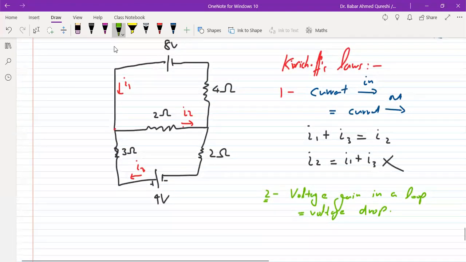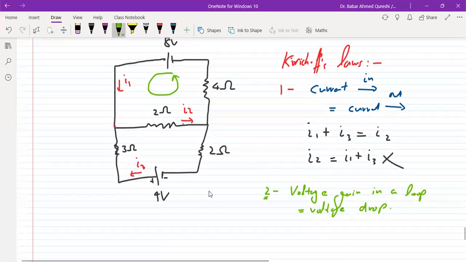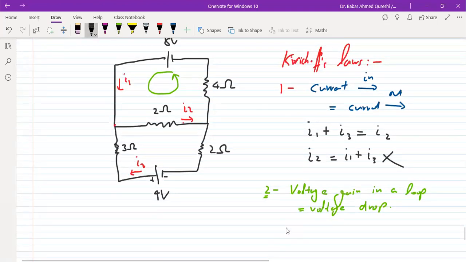You have to choose a loop, choose this loop, then what you get is you gained 8 when you go in this direction, and then you drop. How much you drop? It's the current times the resistance. Minus, sorry, this is I2, and in this branch I have I1.